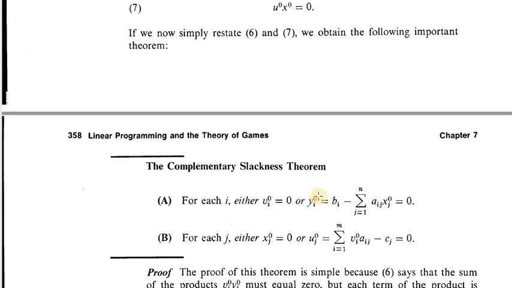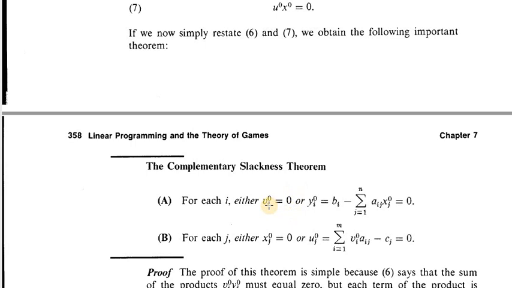Now remember that these y's were these slack variables that we introduced in order to make equalities out of inequalities. So these y's don't really have a practical interpretation. But y is 0 when this constraint is satisfied exactly. Now there's actually a significance here.